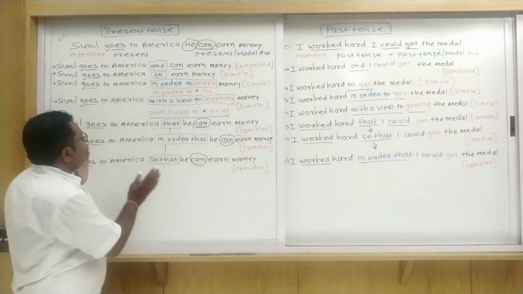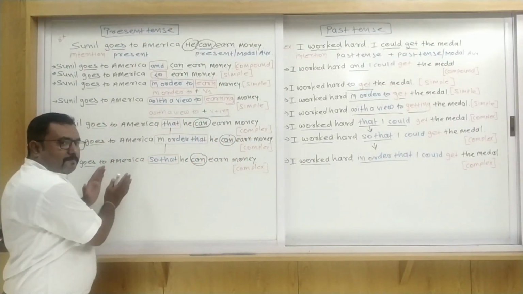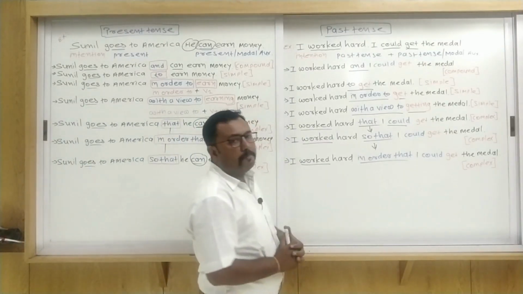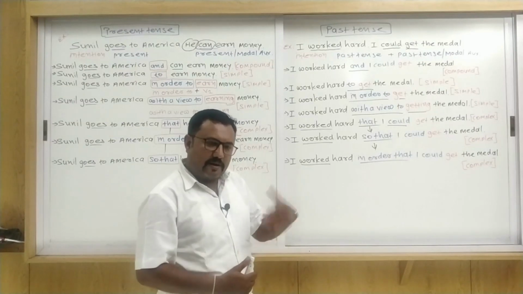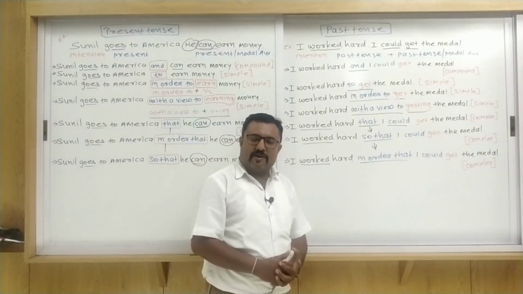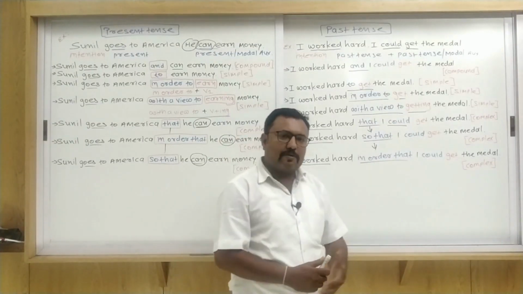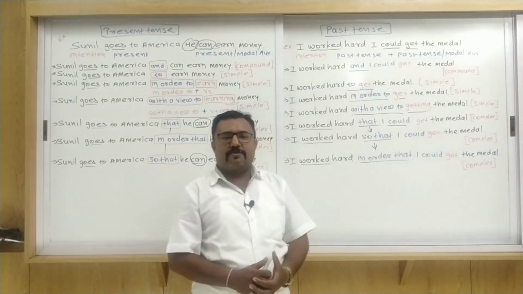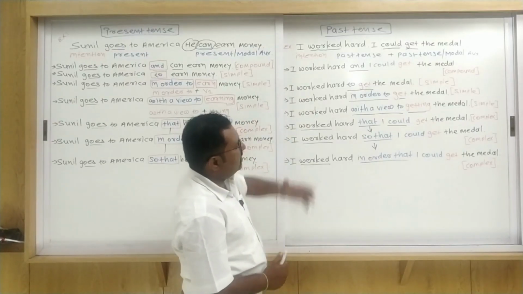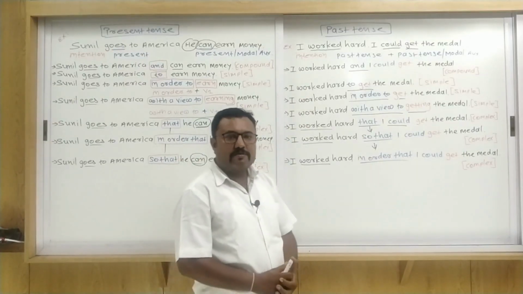The first example is about simple present tense and another is about past tense. Now once again we are going to exercise some of the sentences. Then I give you some sentences to make simple sentence, complex sentence and compound sentence.